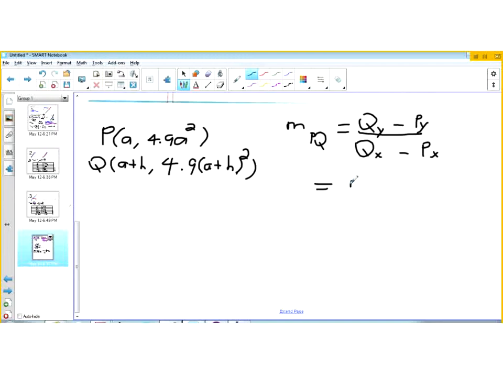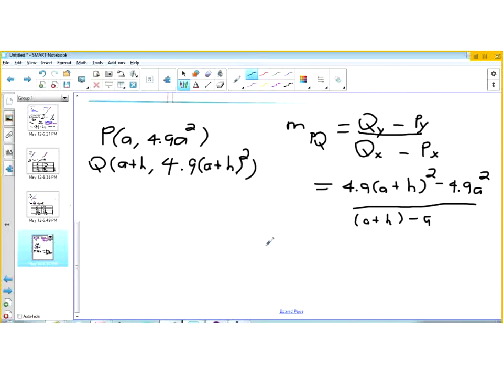So the ordinate of Q is 4.9 times A plus H, quantity squared, minus the ordinate of P, which is 4.9 A squared, divided by the abscissa of Q, which is A plus H, minus the abscissa of P, which is A. Okay?